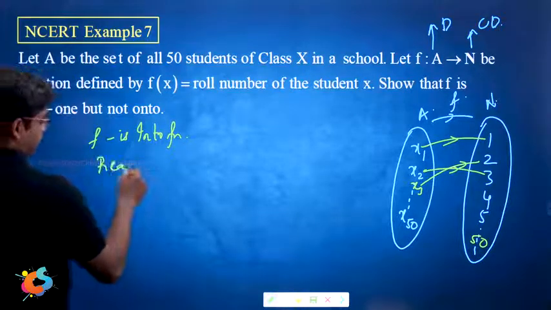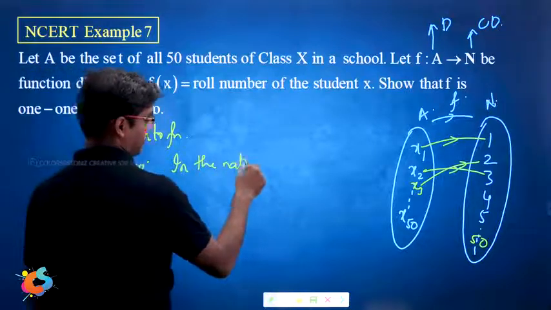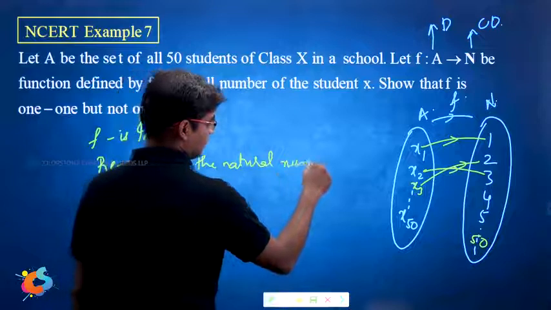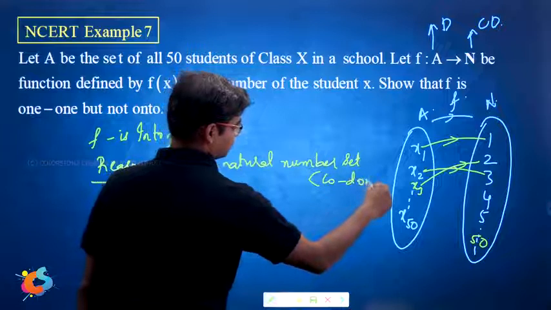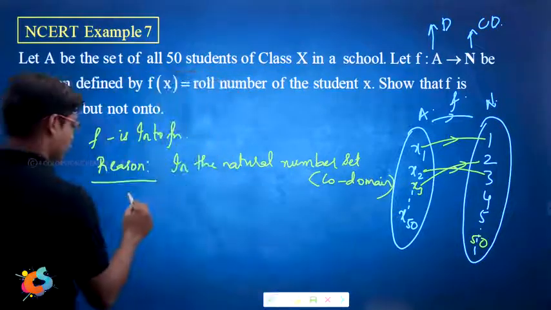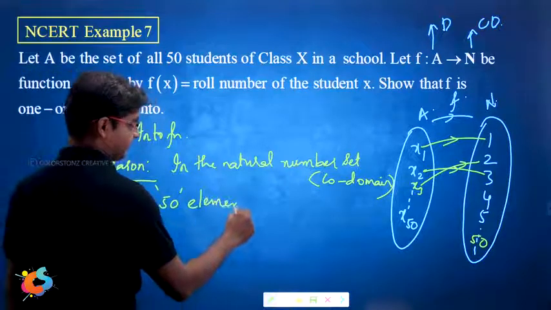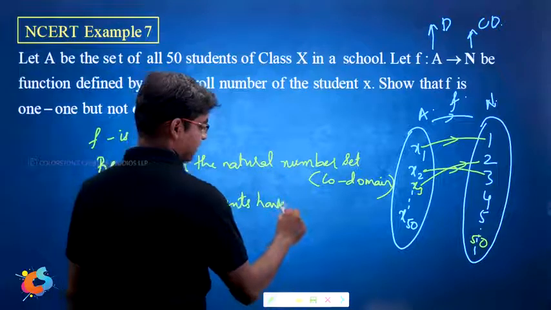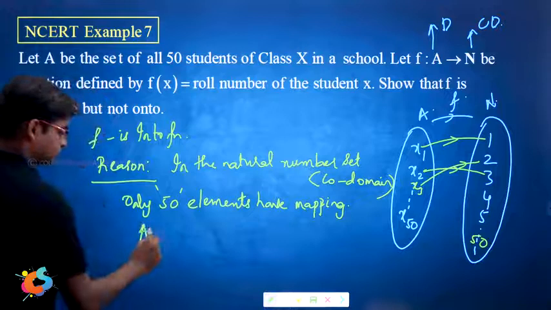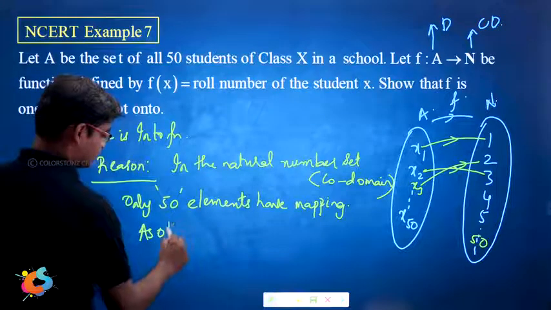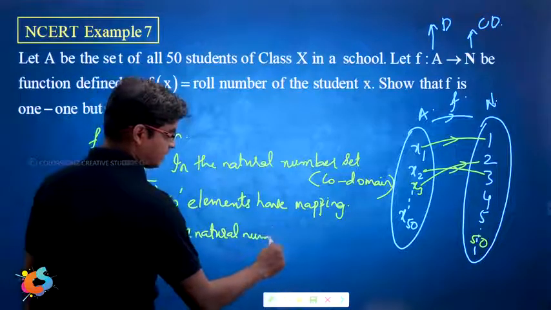Reason: in the natural number set, which is our codomain, only 50 elements have mapping, as other natural numbers do not have any mapping.